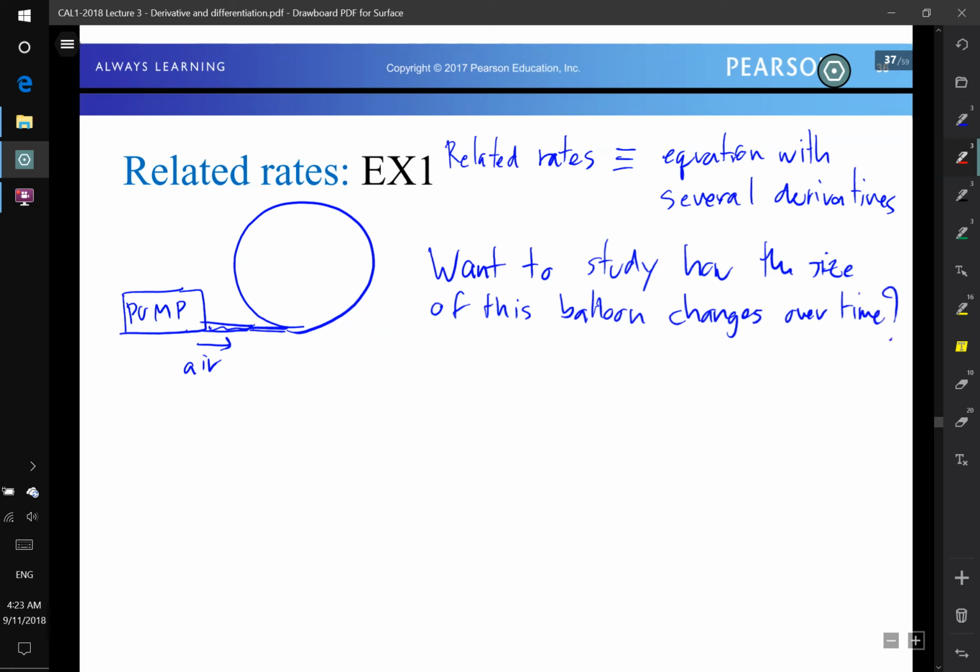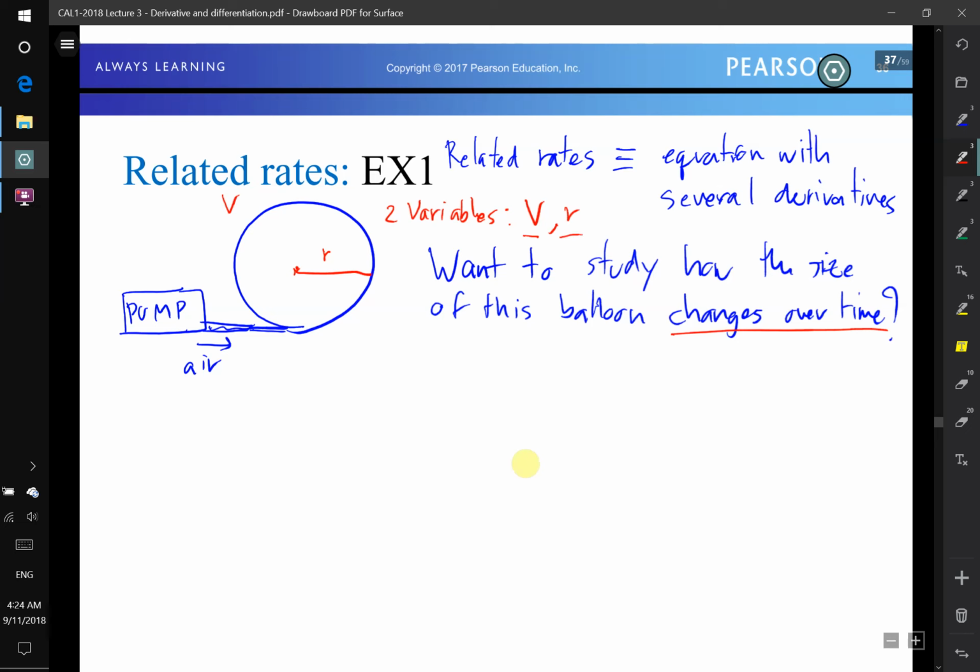In order to do that, we are going to introduce 2 variables into this problem. The first one is the volume V, and the next one is the radius R. Once again, we want to study how the shape of the balloon changes over time, which means that as time passes, V is going to change and R is going to change.